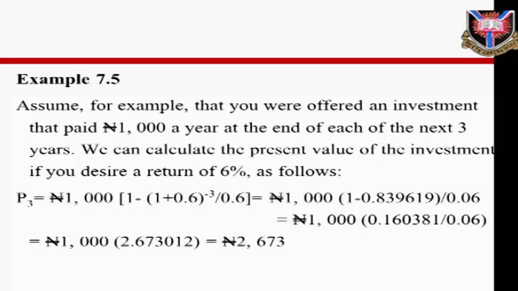P3 equals 1,000 times [1 minus (1 plus 0.06) to the power negative 3] divided by 0.06, which equals 1,000 times [1 minus 0.839619] divided by 0.06, which equals 1,000 times 0.160381 divided by 0.06, which equals 1,000 times 2.673012, which equals 2,673 naira.